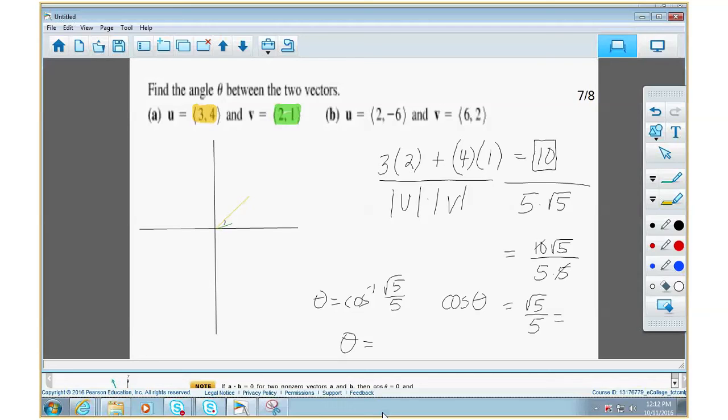What? Yeah, you're right. Thanks. All right. Now, what is the theta of 2 square root of 5 over 5?